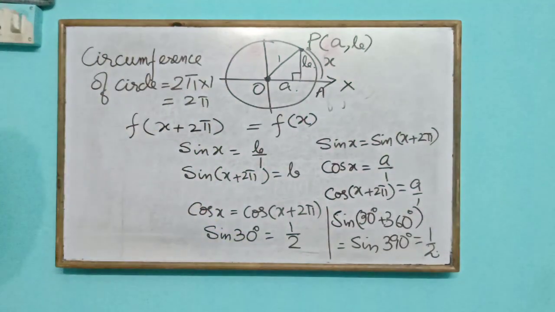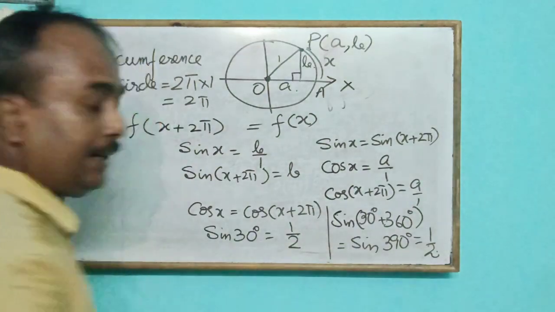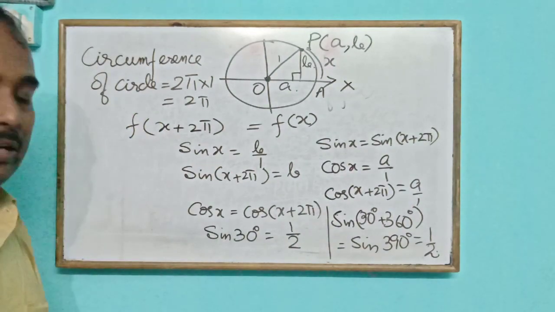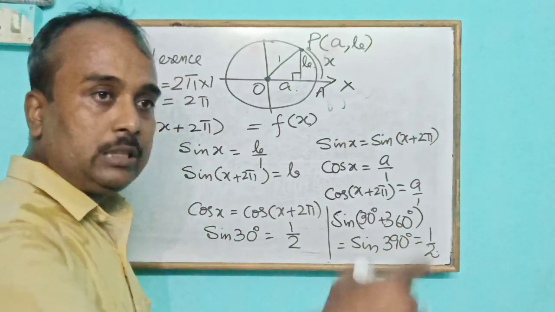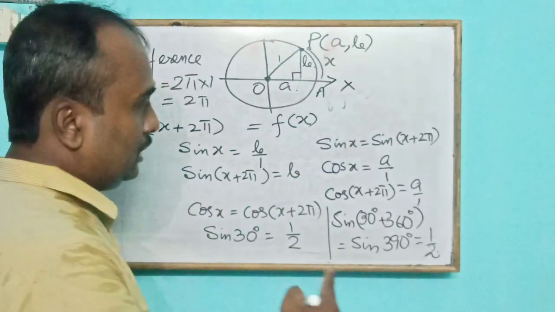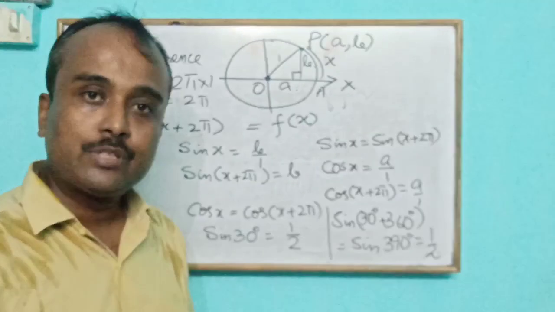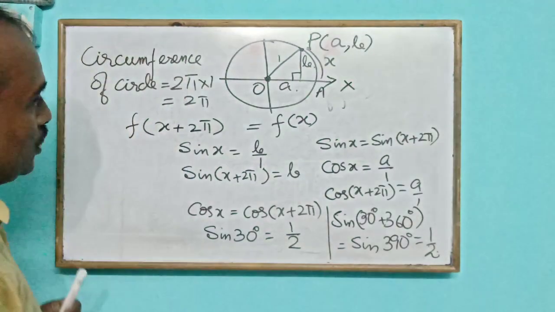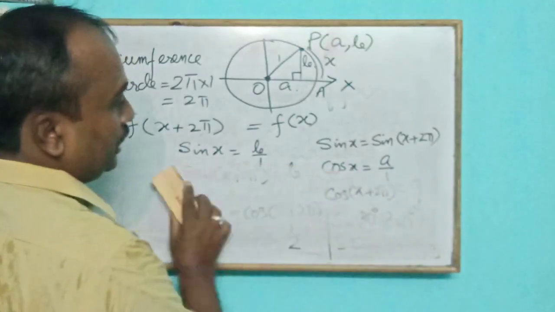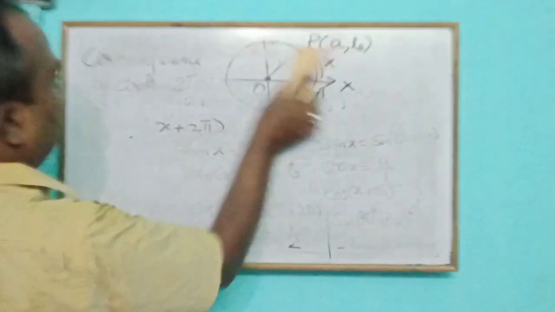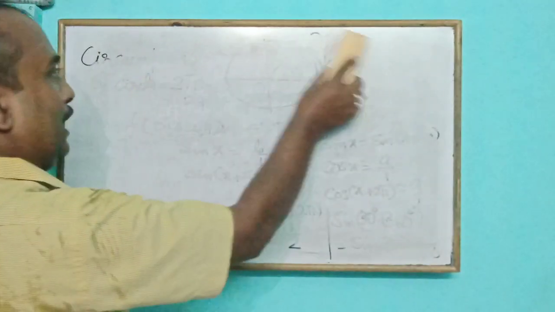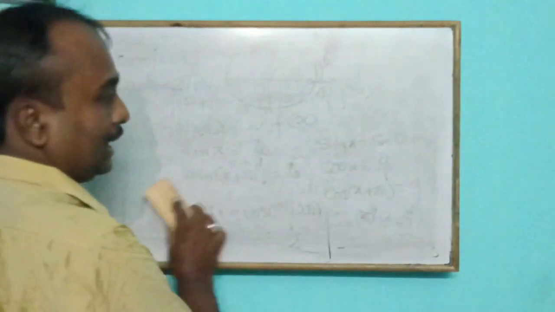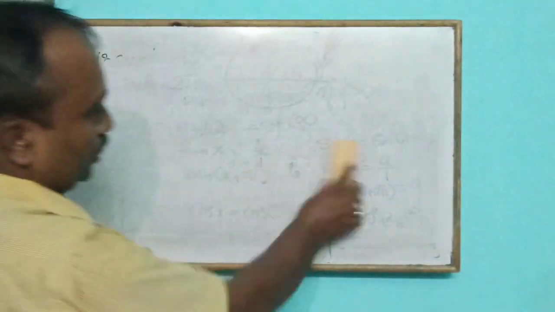So what we conclude? That sine 30 and sine 390 are having equal values, because after one circle or one round it gives the same trigonometric value. Now this was the definition of periodicity of sin x and cos x. The same rule is applied for tan, sec, cosec and cot.